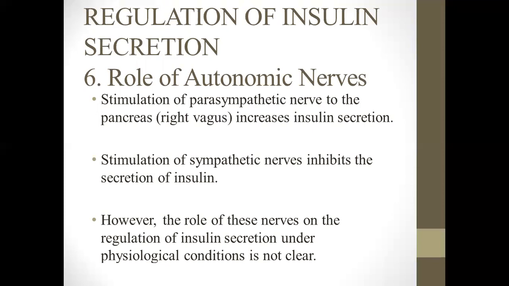The parasympathetic nervous system will cause an increase in the secretion of the insulin, and the sympathetic system, which is basically the fight and flight system of the nervous system, will cause inhibition of the secretion of the insulin. The role of the nerves is also unclear, but they have a role on the insulin.